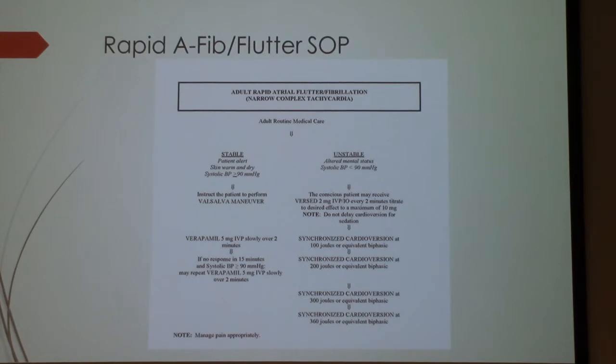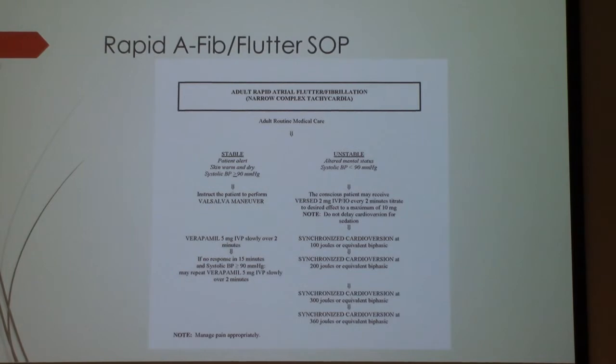If they don't work, we can move on to our verapamil at 5 milligrams, slow IV push. You guys won't ever be pushing that second dose because you'll probably be on your way back to the station by the time the patient is ready for it.